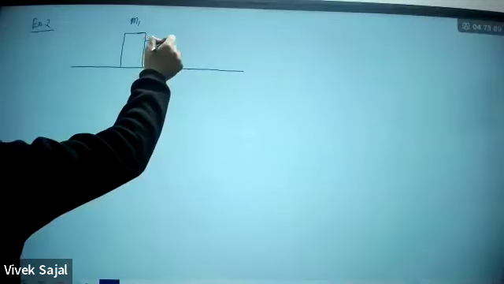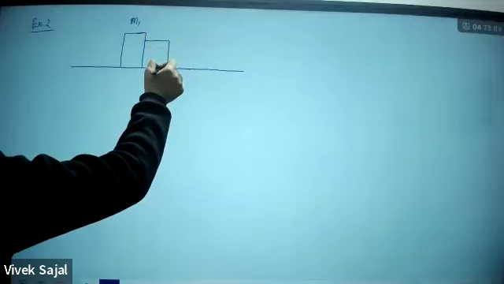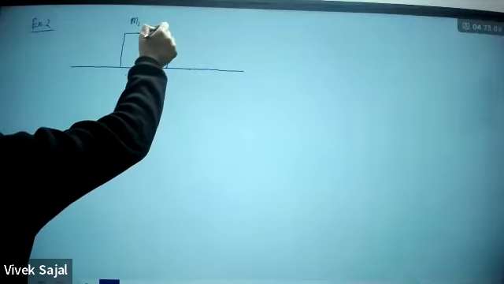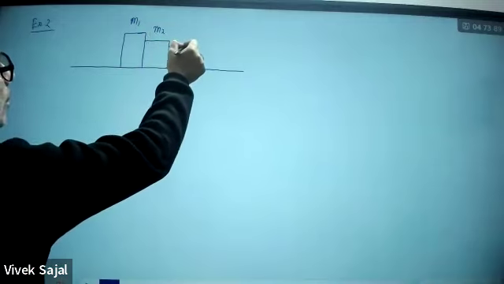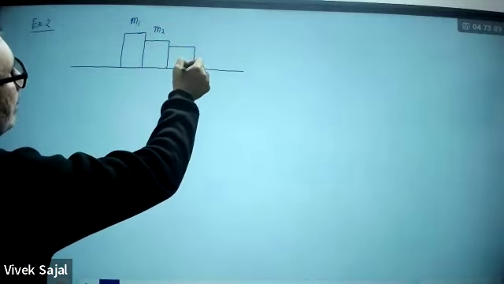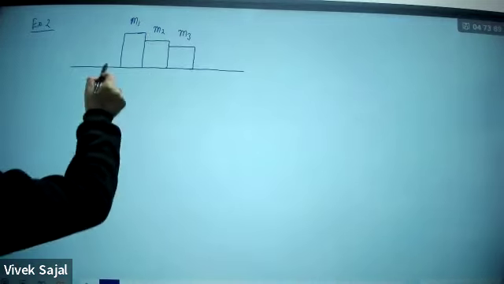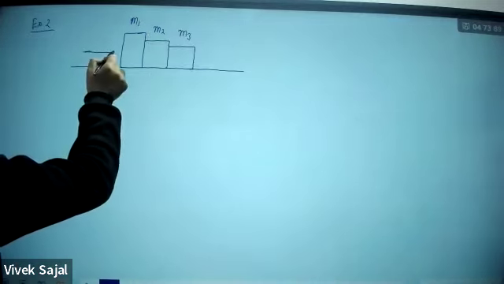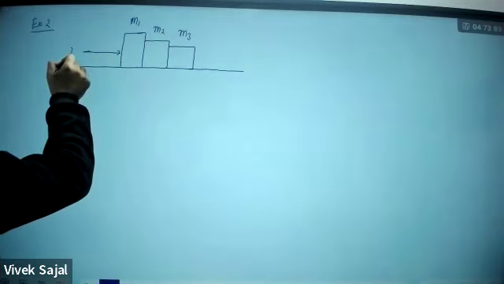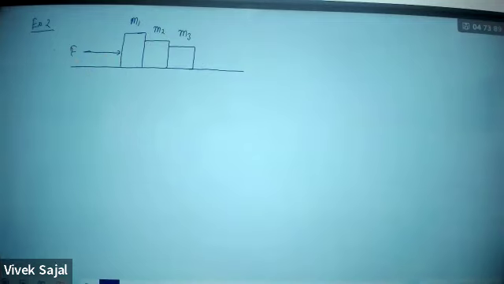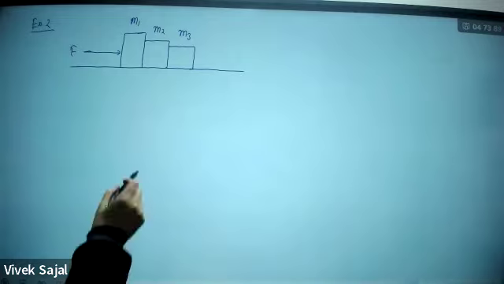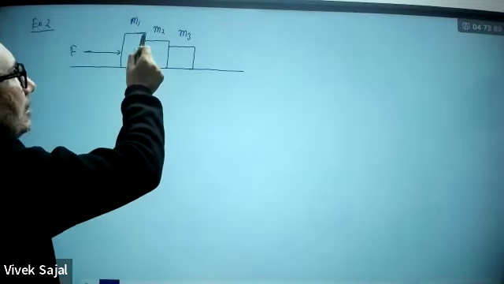It is in contact with the second block, that is M2. And the third block is there, and its mass is M3. Now you apply a force from this side. Suppose force F is applied from this side. Then what will be the normal reaction between these surfaces?